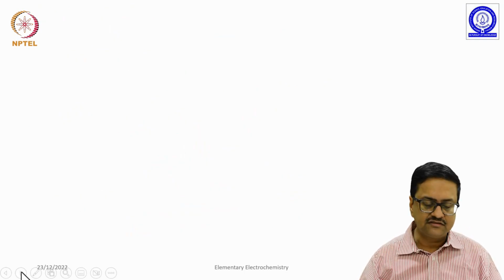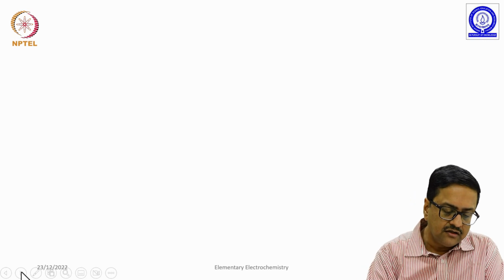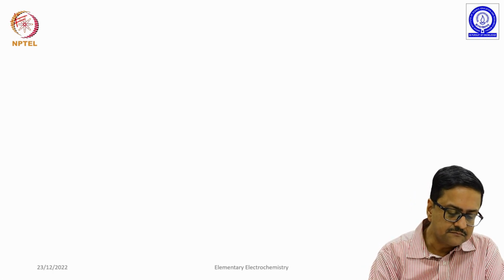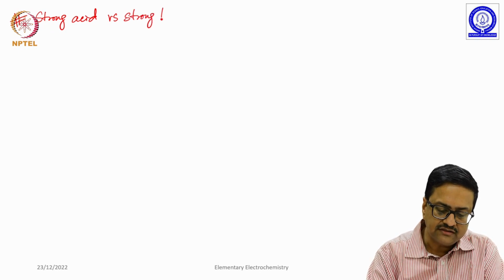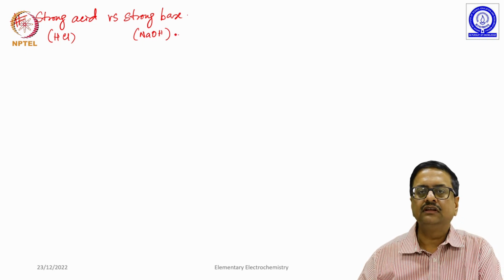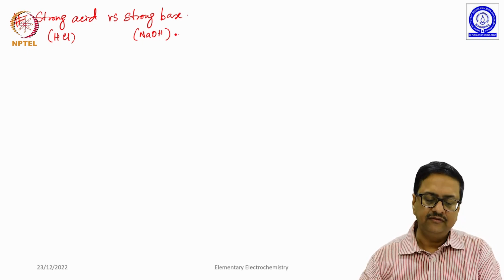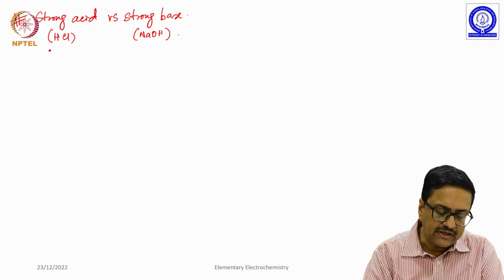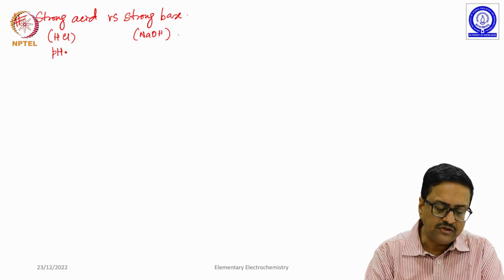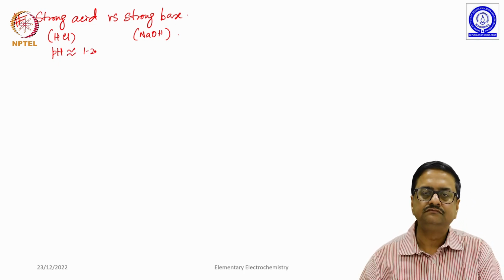So, these acid-base titrations can be of different types. Strong acid versus strong base. So, here I will take the example of HCl versus NaOH. In case of a strong acid like HCl, when you take a solution of HCl, it is completely dissociated, and you will find that the pH of a completely dissociated HCl solution is something around 1 to 2.